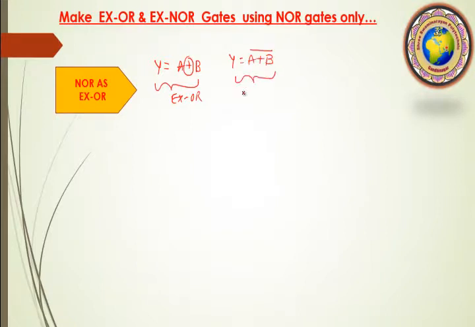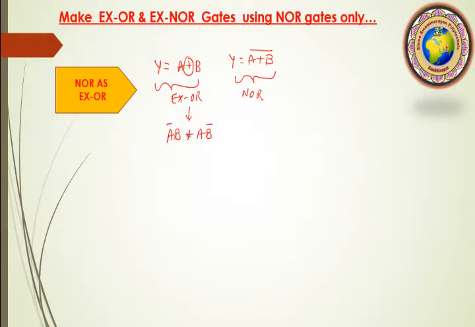We also simplify XOR as A bar B plus A B bar. So this form we want to convert here, and at that time we require this in the form of A bar and B bar.